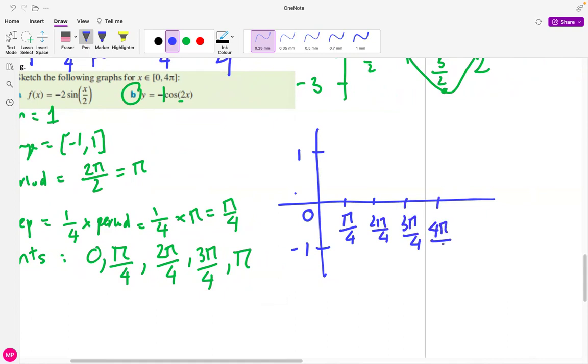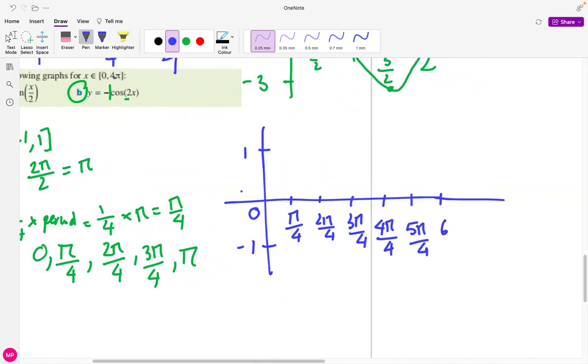I haven't simplified yet because I want you to see the pattern. And then I need to go to 4 pi, don't I? So this is just 1 pi, so I keep going. 5 pi/4, 6 pi/4, 7 pi/4, and then I have to go all the way to 4 pi. 4 times 4 is 16, so I have to go all the way to 16 pi/4, which is quite long. Okay, I'm not going to do that here, but you get the point.